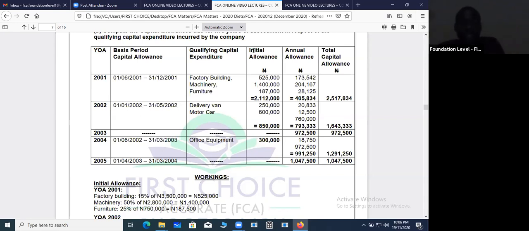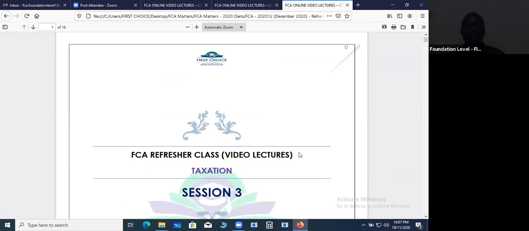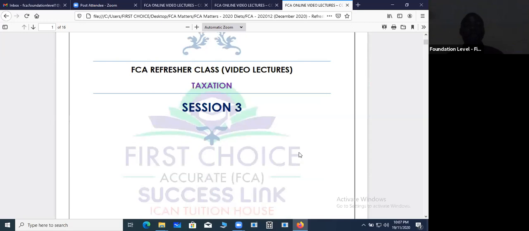Look at factory building. Factory building, we are told, cost us 3,500,000. That's this. I want to keep open the capital allowance rate so that you can see it.